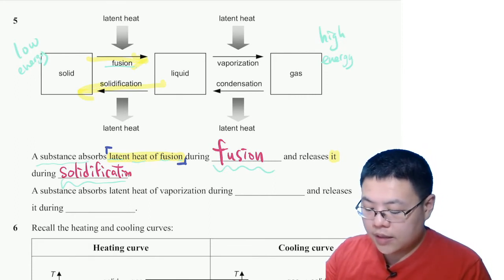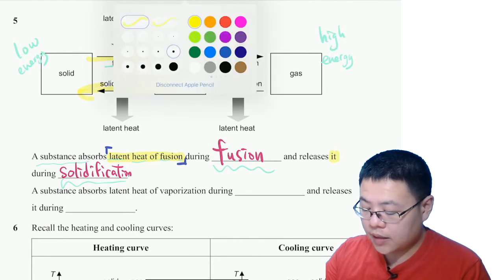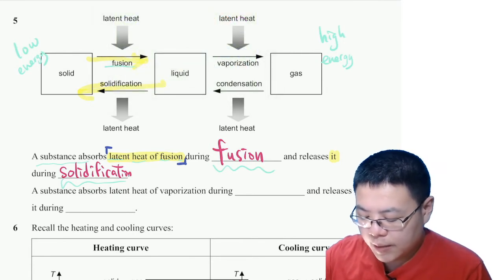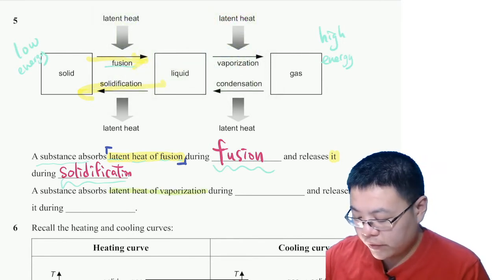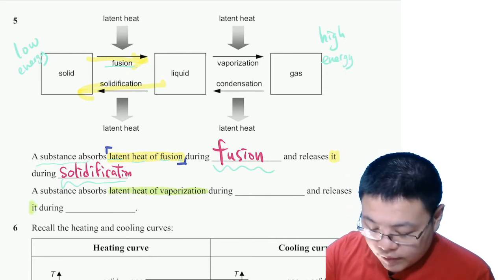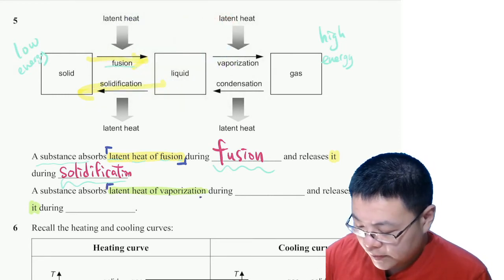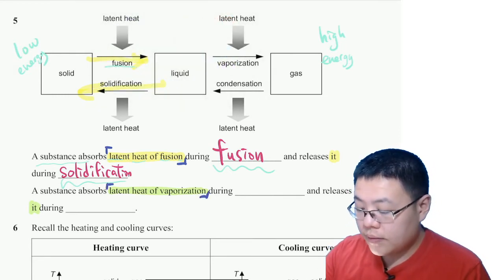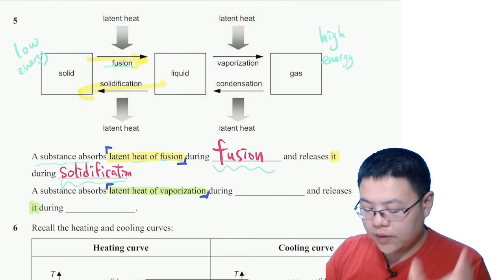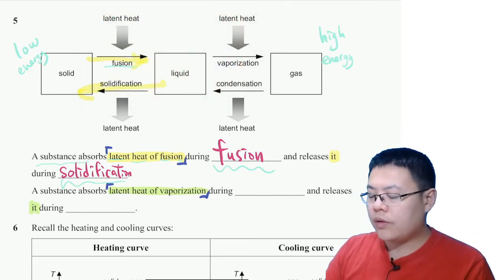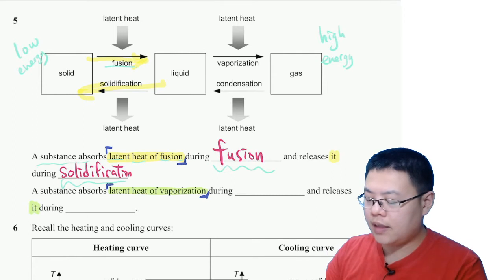And then next sentence, a substance absorbs latent heat of vaporization and releases it. During, okay, it absorbs, so it gains latent heat.